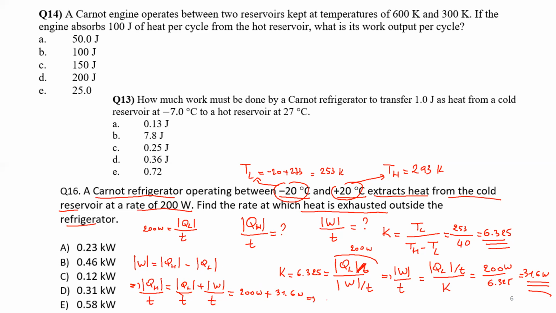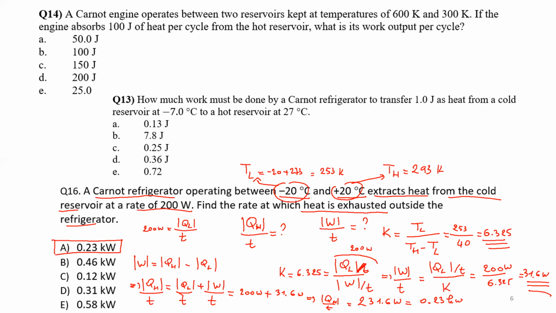So this gives me a QH per unit time of 231.6 watt. In kilowatt, it will give me just 0.23 kilowatt. And that's the first answer, of course.